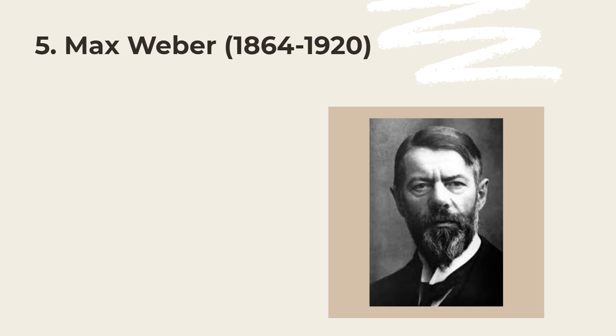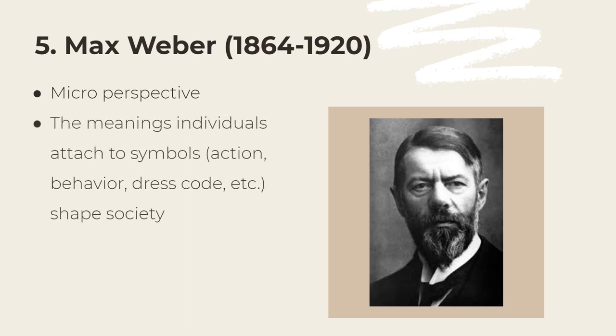And last but not least is Max Weber, a German sociologist who, unlike Emile Durkheim and Karl Marx, has a micro perspective of our society. So he looks at individual interactions. He wants to know how individuals relate to each other, communicate with each other, and he focuses particularly on symbols.